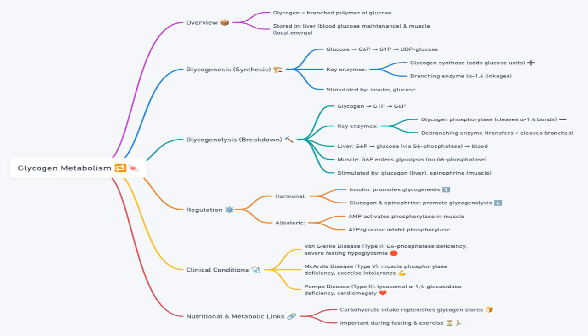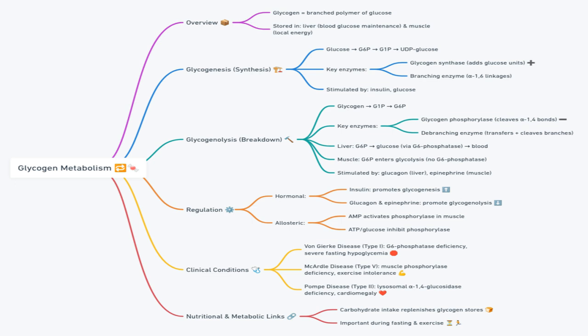So still on the branching, the branches are made by the action of the branching enzyme amylo alpha 1,4 to alpha 1,6 transglycosylase, and this enzyme removes a set of 6 to 8 glucosyl residues from the non-reducing end of the glycogen chain, breaking an alpha 1,4 bond to another residue on the chain and attaches it to a non-terminal glucosyl residue by an alpha 1,6 linkage, and the resulting new non-reducing end, as well as the old non-reducing end from which the 6 to 8 residues were removed, can now be further elongated by glycogen synthase.